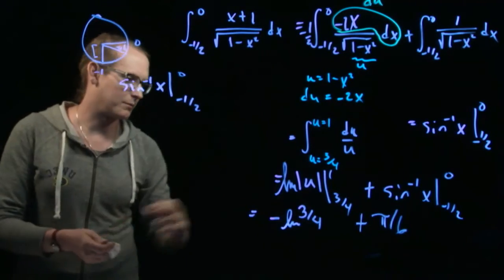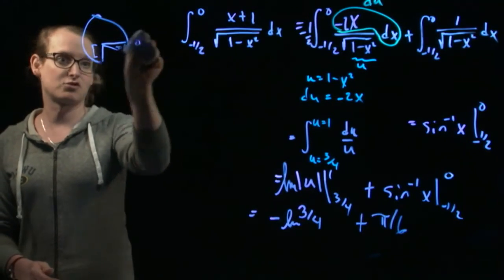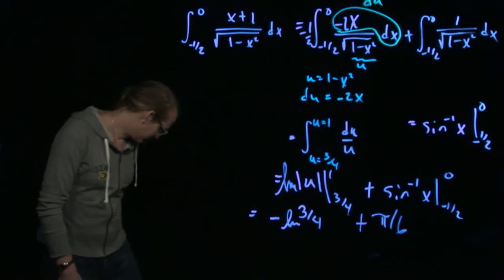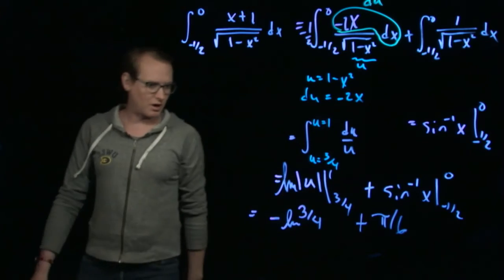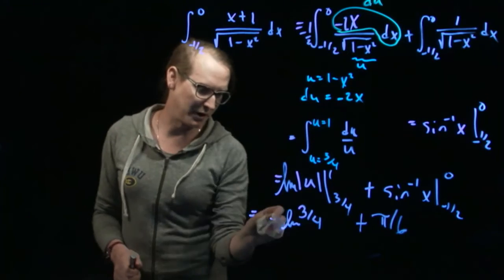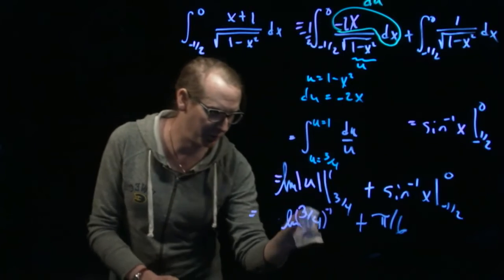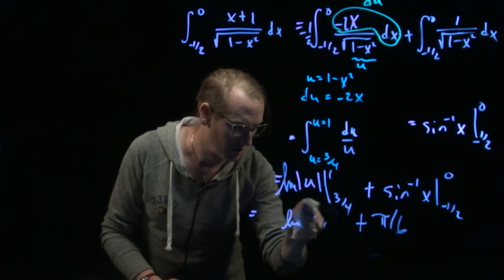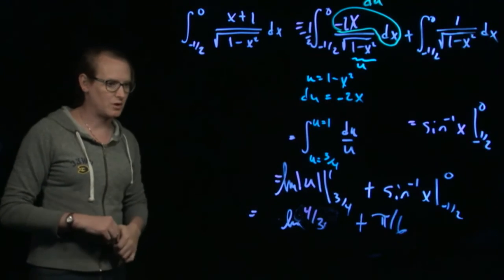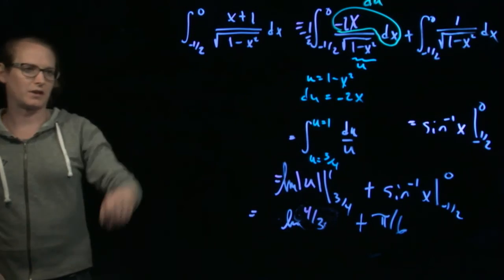You could make it trade places with that one, so you'd have pi over 6 minus natural log of 3/4, or you could use the property that natural log of a to the b is b natural log of a, and take the minus sign and put it up here as a -1, so it flips the 3/4 and turns it into 4/3. So, long story short, natural log of 4/3 plus pi over 6 is the value for the integral.